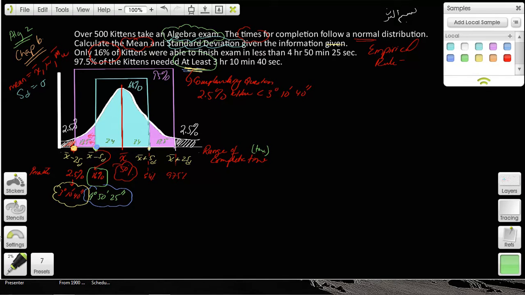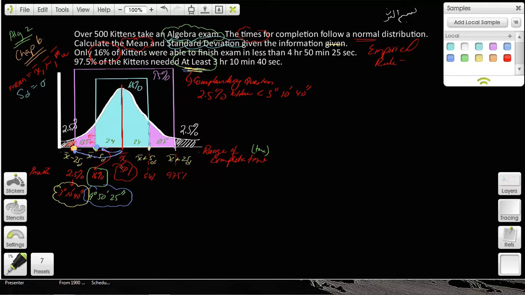These were special values because they correspond to one standard deviation, and they correspond to 2 standard deviations from the mean, on that side. So the values given are special values.